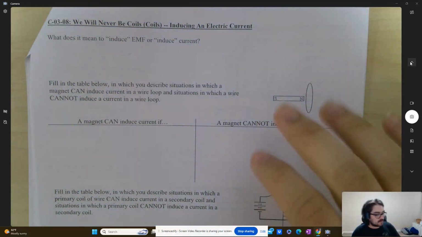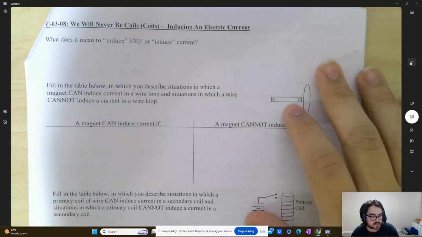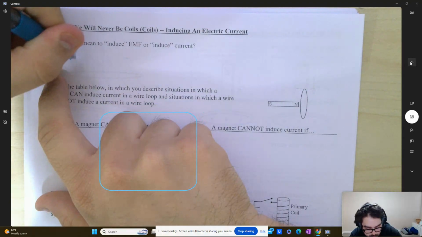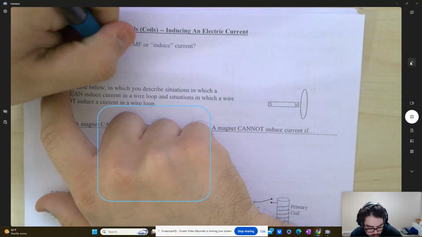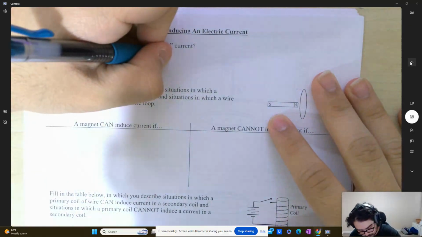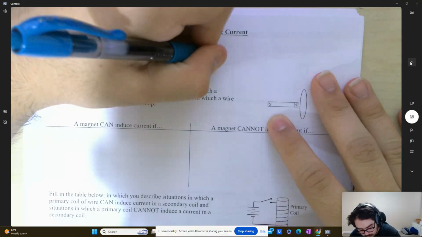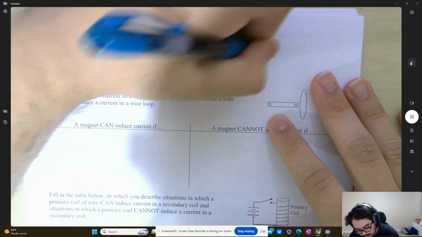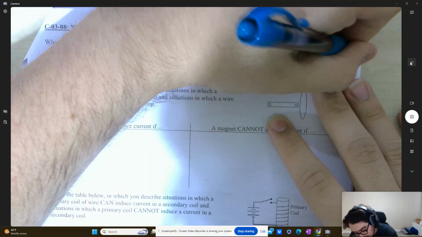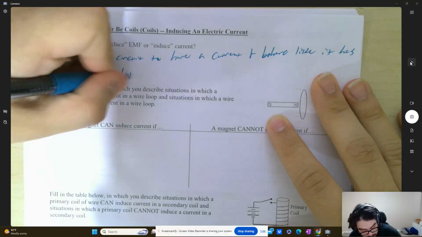Okay. We can induce EMF or current into a circuit using magnetism, and it's pretty cool. What does that mean? It means that we cause a circuit to function, or to have a current, and behave like it has a battery, but it doesn't.